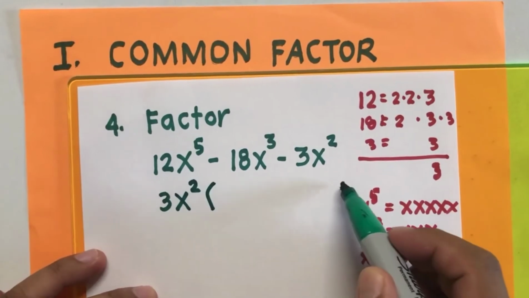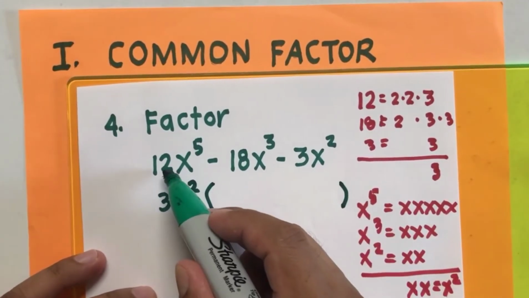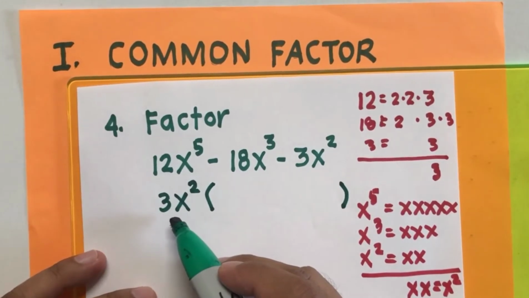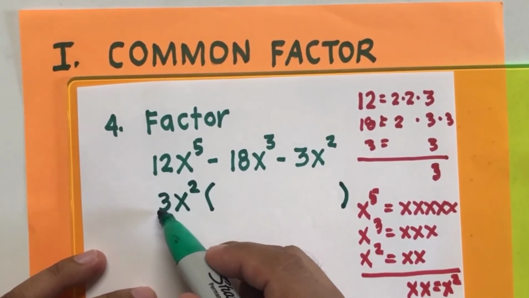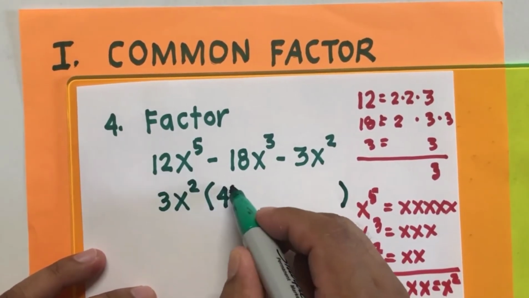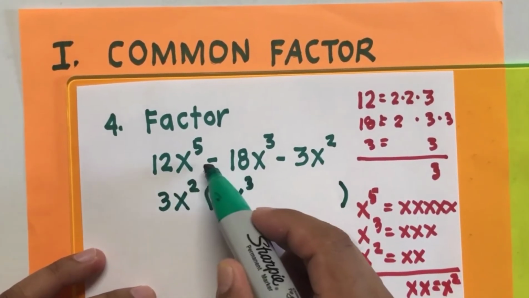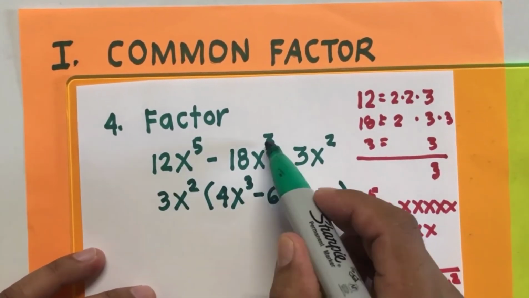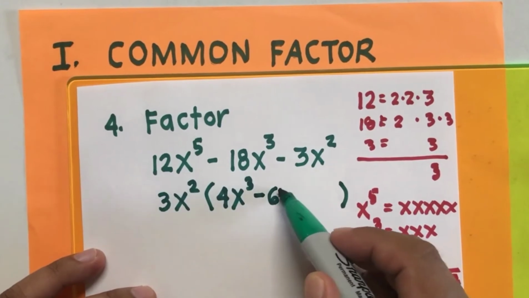And then we go to the next step, which is dividing each term of the given expression by the common monomial factor. So 12 divided by 3 is 4. X to the 5th divided by x squared is equal to x to the 3rd. Don't forget to copy the minus sign. 18 divided by 3 is 6. X cubed divided by x squared is x.